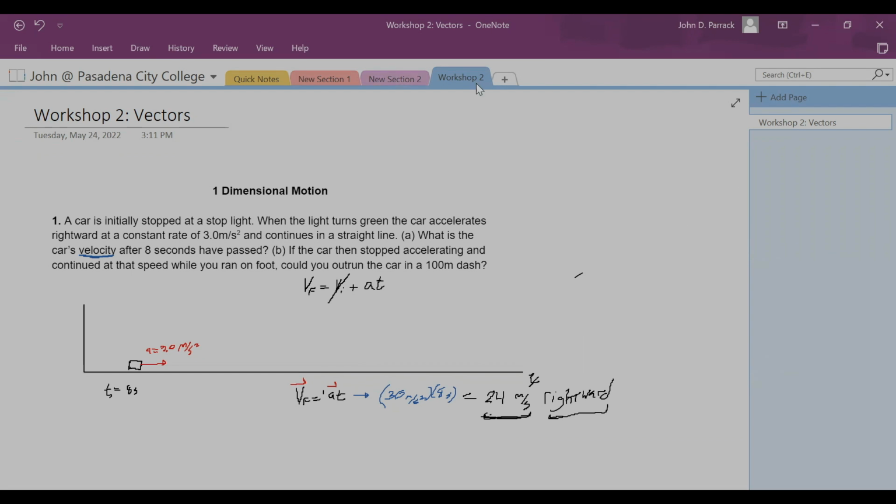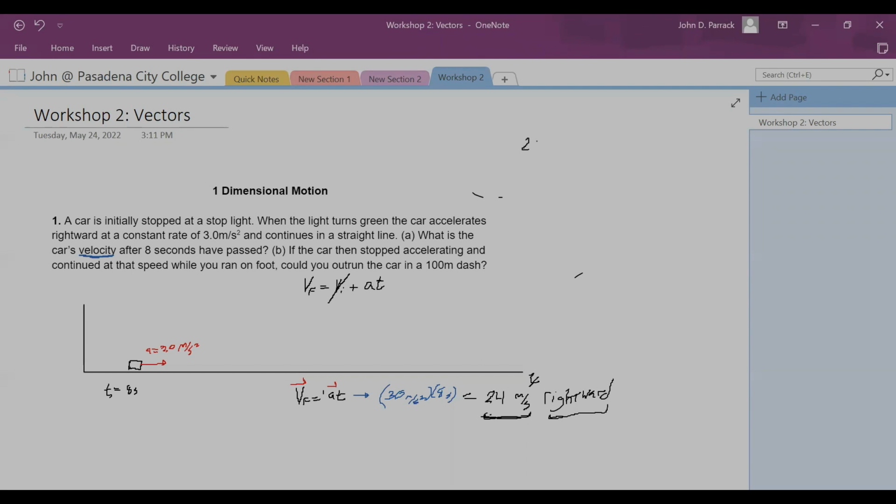Personally, I've spent most of my life in America, so I usually think of speeds for cars in miles per hour. I happen to remember, but you can always look this up and work the conversion yourself, that converting from meters per second to miles per hour is about 2.2 times greater.